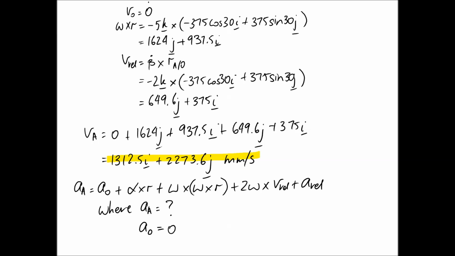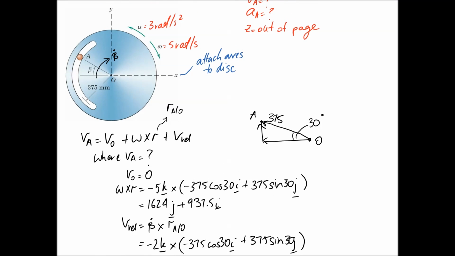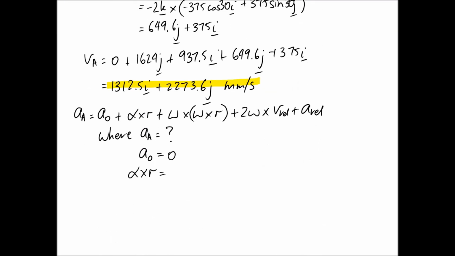It's going to be 0 because it's the fixed point at the center of the circle, so it can't move at all. The next thing that we have is alpha cross R, and this is going to be alpha for our coordinate system crossed with the radius, and it's going to be the same radius as what we used before, of A relative to O. Okay, so alpha for our coordinate system is going to be the same as what alpha for the disk is, since they're attached to each other, and that's going to be 3 radians per second in the positive direction.